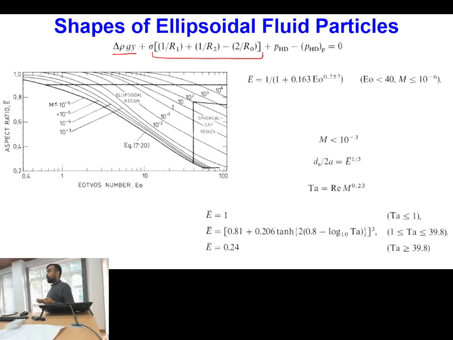But when the fluid particles are not stationary but in motion, then there will be some other pressure because of the hydrodynamics, because of the motion of the fluid particle. So whenever we are writing the pressure balance across the interface, we have to consider that additional pressure because of the motion as well. That's why here I have written this P_D and P_D in particles.